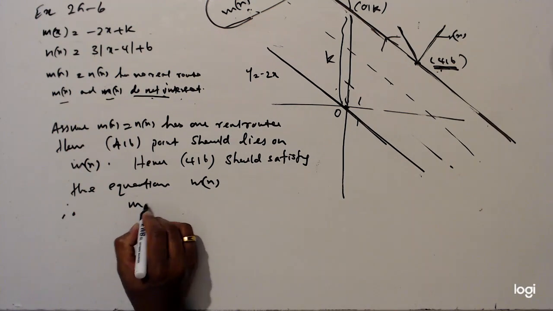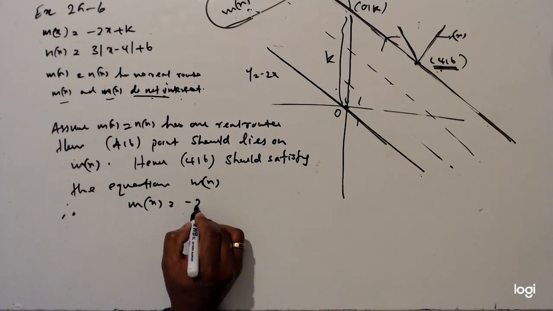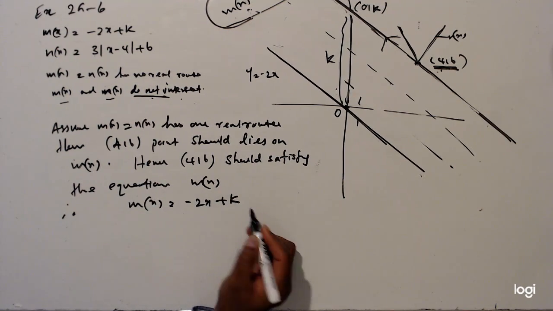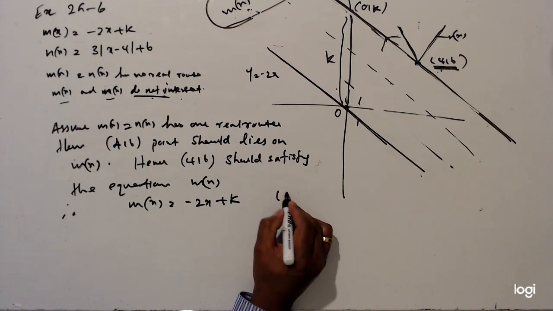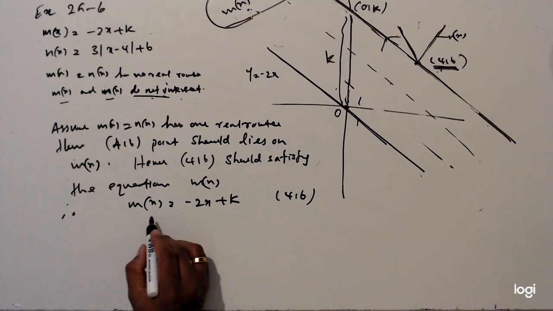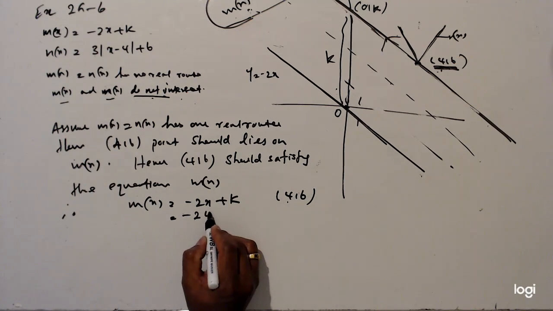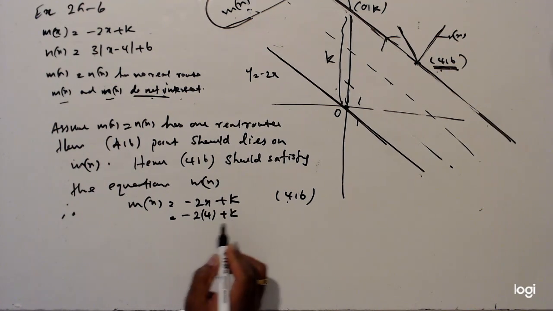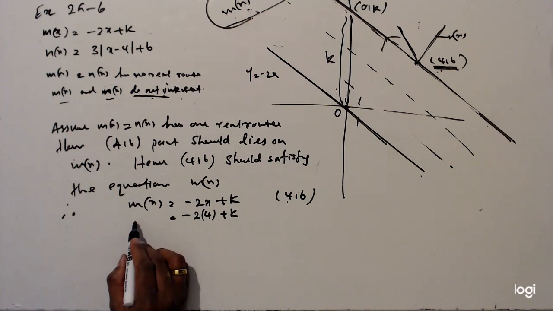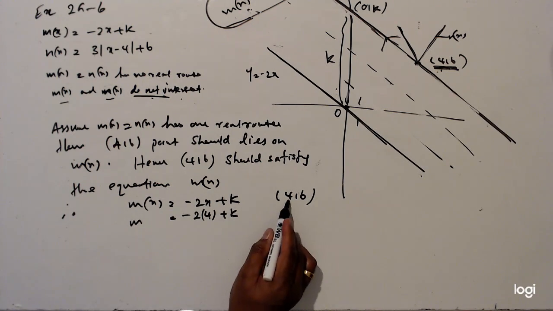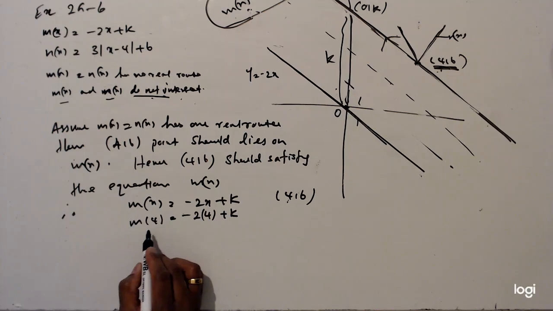Hence mx equal minus 2x plus k. So 4, 6. So minus 2 times x, which is 4, plus k, and we apply x is 4. What is the n(4) value?